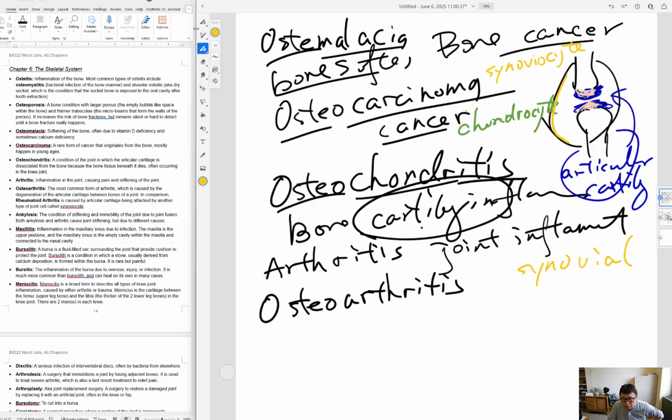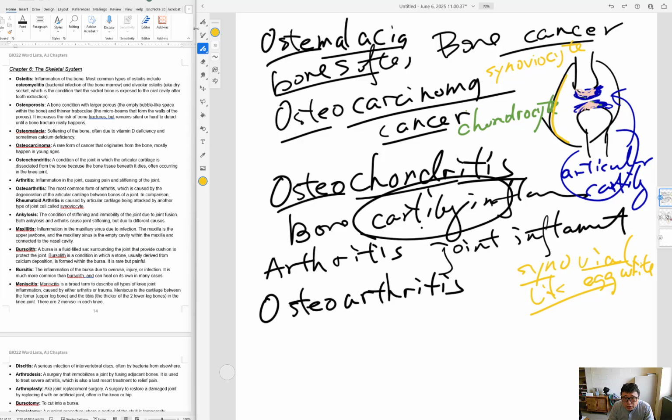What is synovial fluid? Syno means egg, vial means like egg white. So this is a colorless fluid, just like egg white. That's why it has this name. The synovial fluid is produced by the synoviocytes, which are in the inner layer of the membrane.